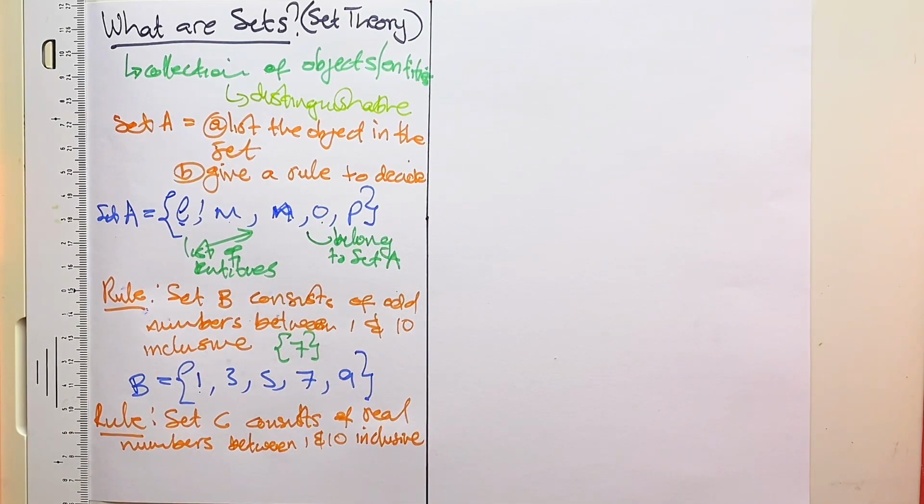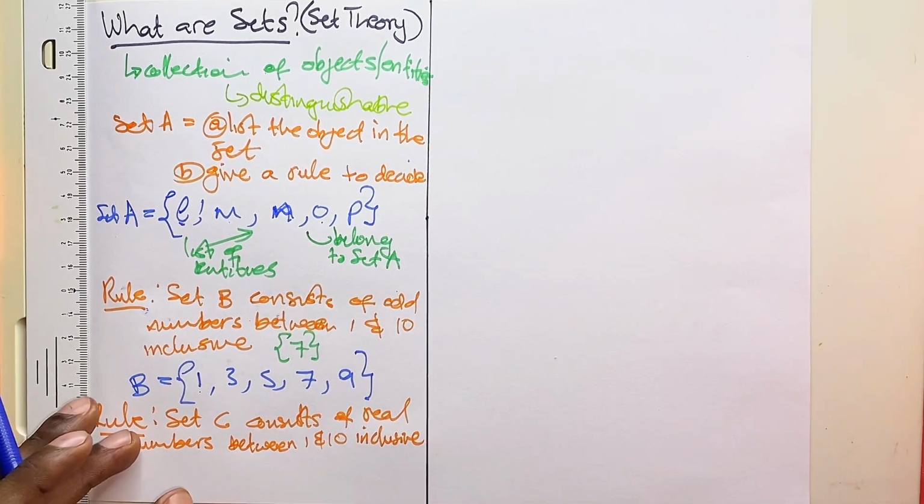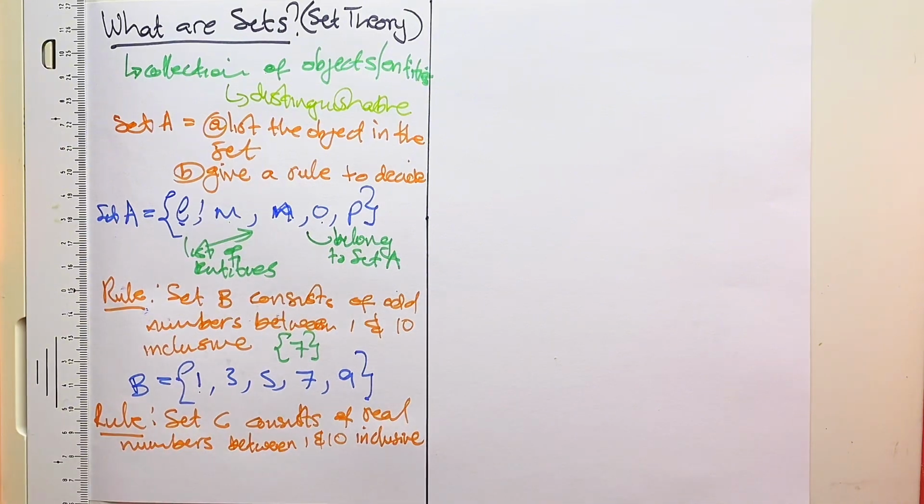Remember that every number in that range is a real number. 1 is a real number, 2 is a real number, 3, and they are between 1 and 10. 1.532168810 is between 1 and 10 and is a real number, so it will fall in the set. So it is sort of a range now.